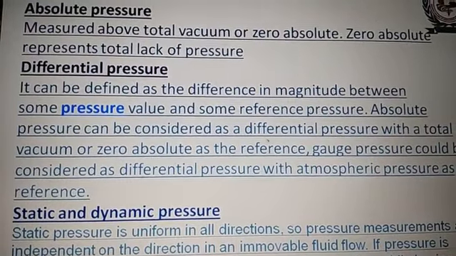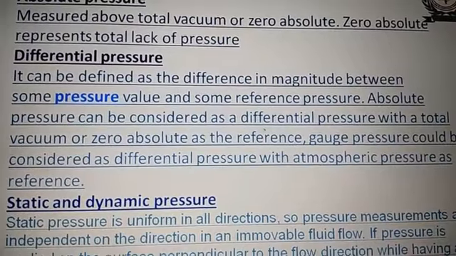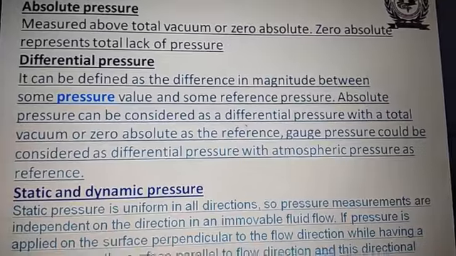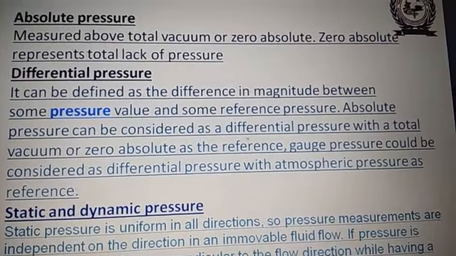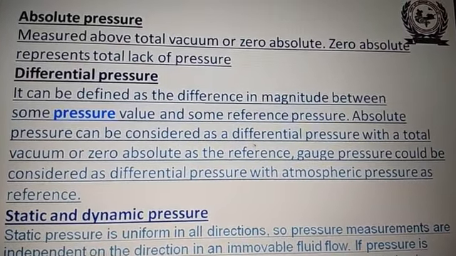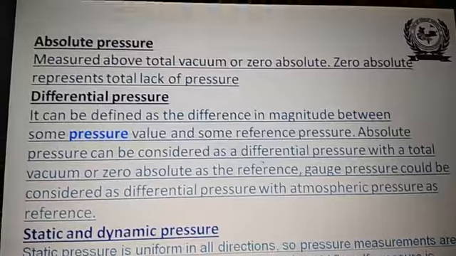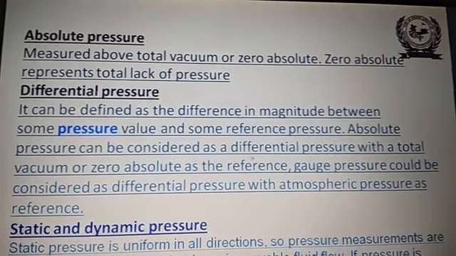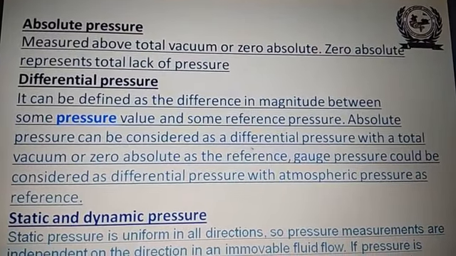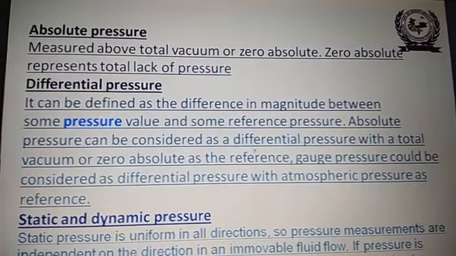Absolute pressure can be considered as a differential pressure with total vacuum or zero absolute as the reference. Gauge pressure could be considered as differential pressure with atmospheric pressure as the reference.